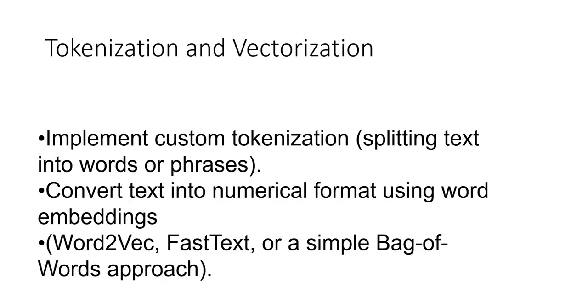Second is tokenization and vectorization. Here, I am not going deeper into what tokenization and vectorization are, but please keep in mind that tokenization means breaking down all those sentences into simple words. It can be the smallest part of that particular sentence. In a sentence there can be vowels like A, E, I, O, U. We want to break down into that, and it can be the smallest one.